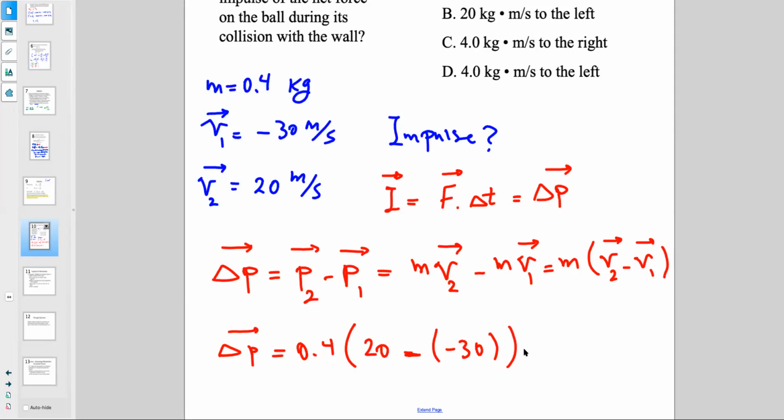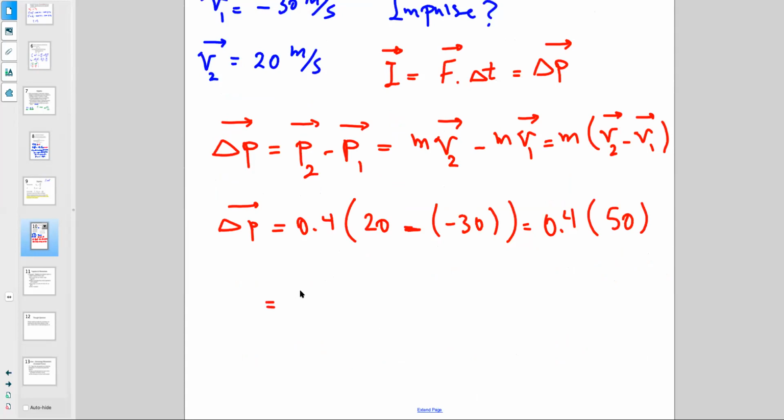So you have 0.4 times 20 plus 30, which is 50. 0.4 is 4 over 10, times 50. This is equal to 20. And since it is the change of momentum, it has units of momentum. We remember what the unit of momentum was: kilogram times meters per second.